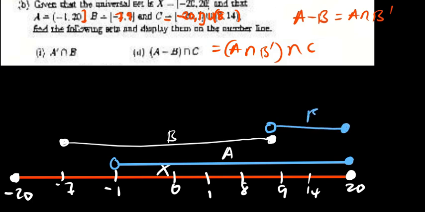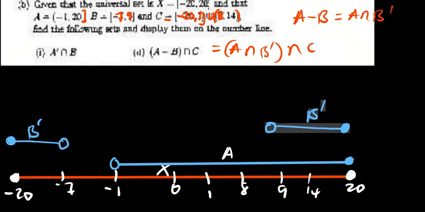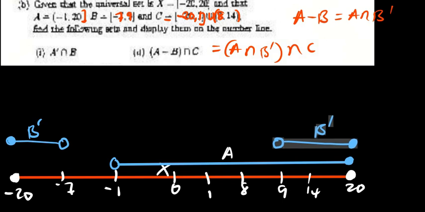That is my B complement. Another B complement will start from here all the way to that point. There is no B, but we have B complement. So now I'm going to shift this to just come here, even this just to come there.